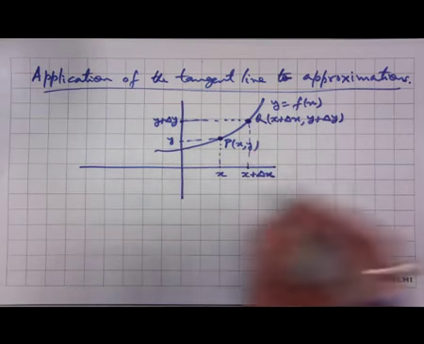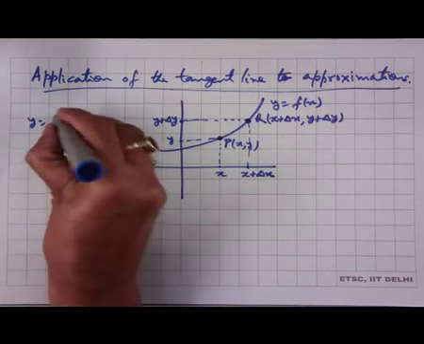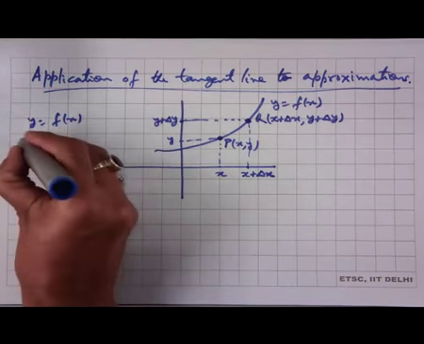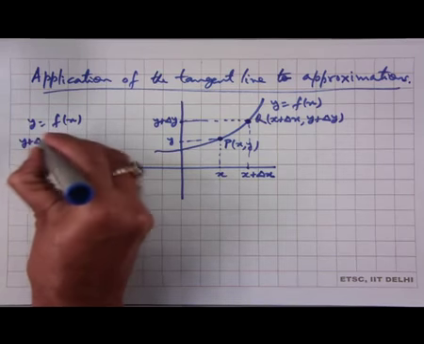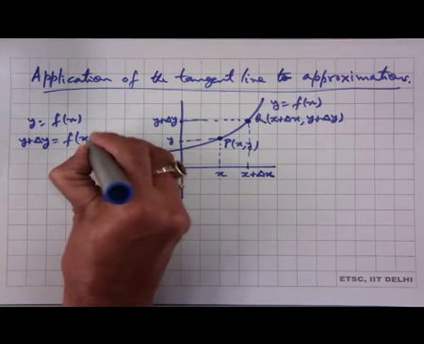So, here we have y is equal to f of x, and y plus delta y is f at x plus delta x.